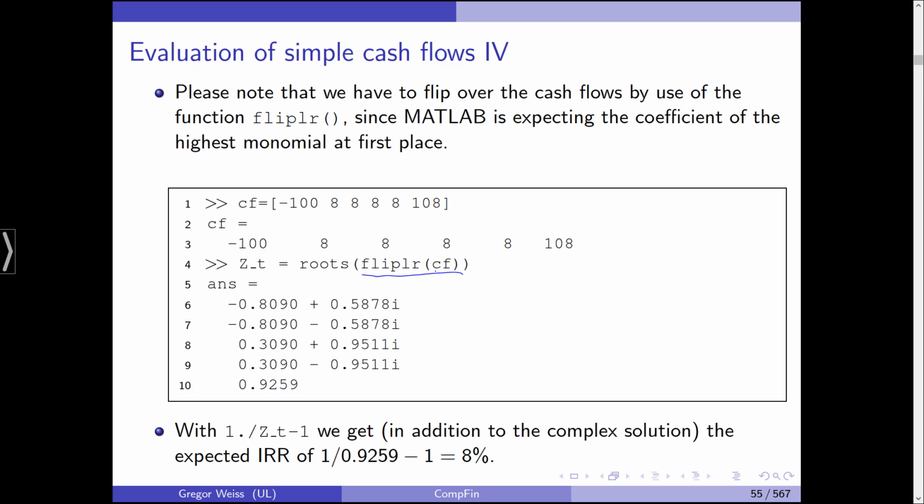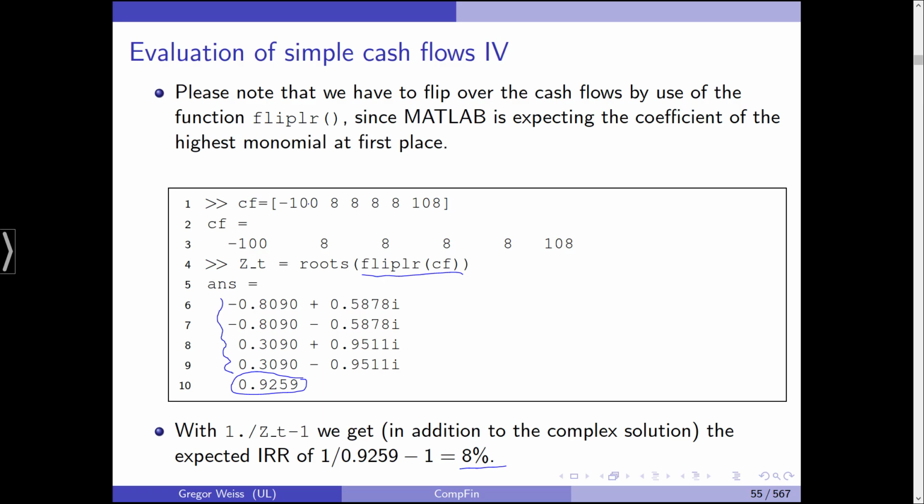That's what fliplr does. And then we take the roots, and as a solution we get 0.9259, and the complex solutions we can disregard here because we are looking for one interest rate and thus one discount factor. If we convert this to a discount factor, we can actually see this gives us 8%.